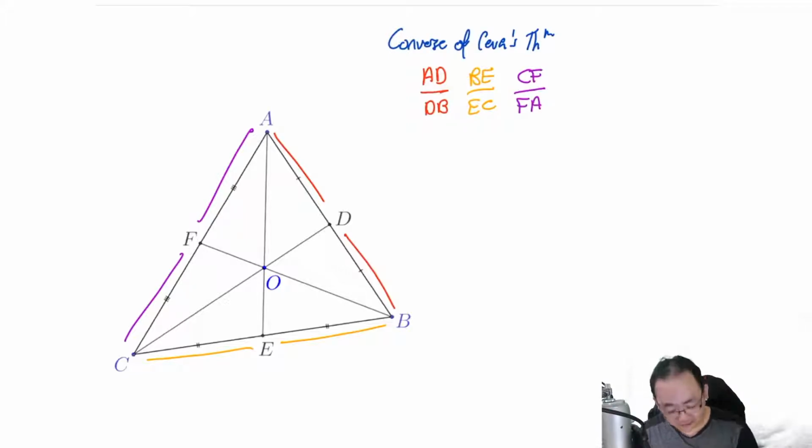And the converse of Ceva's theorem states that if we multiply all these together and we get equal to 1, then it proves that the three medians are concurrent.